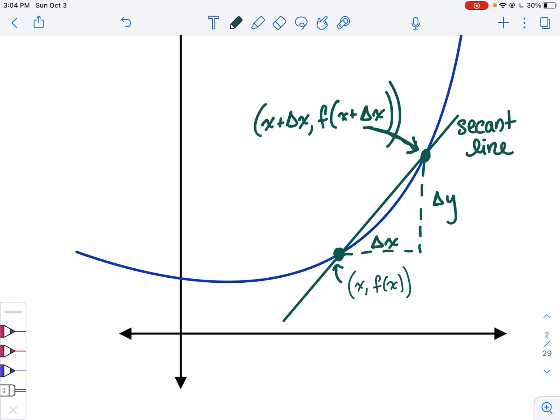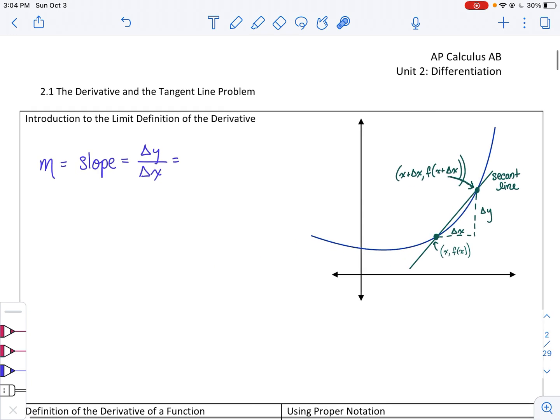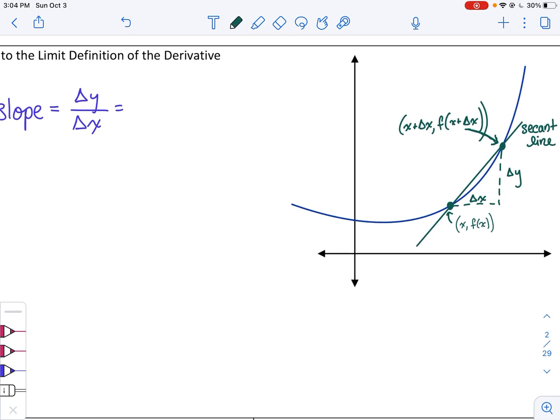So now what I want you to do is find the slope using the slope formula between these two points. We know that slope is the change in the y values over the change in the x values. So I'm going to have f of x plus delta x, my second point, minus f of x. So this is y2 minus y1 over x plus delta x minus x, x2 minus x1.